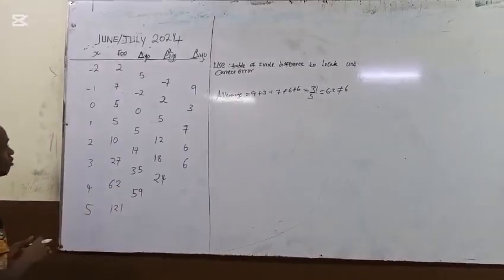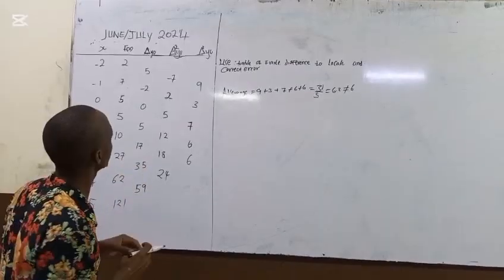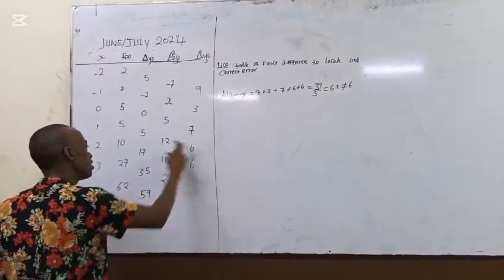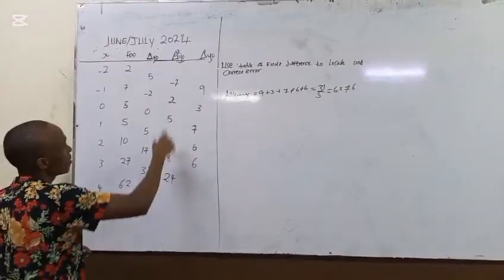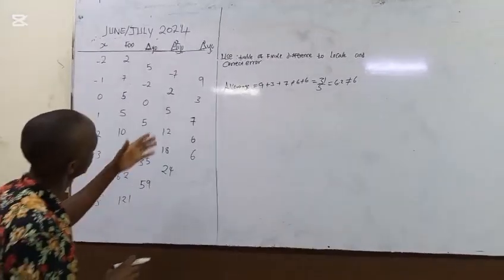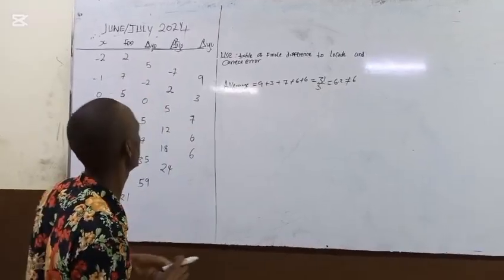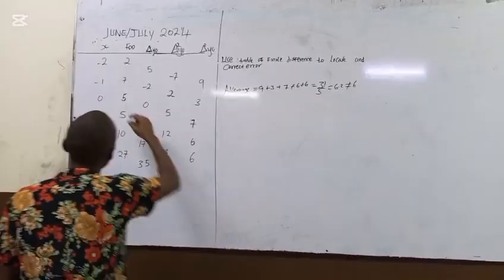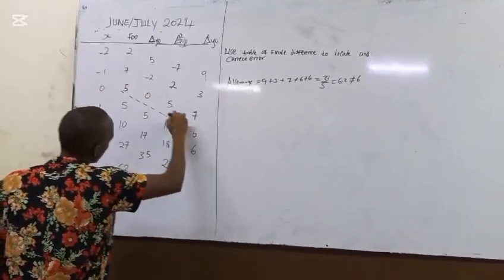Back to your table that you have created, you check the third differences. The average lies between two numbers, which are 6 and 6, and the others we have are 3, 9, and 7. This means that 3, 7, and 9, we have an error. This means that our error started going easy.